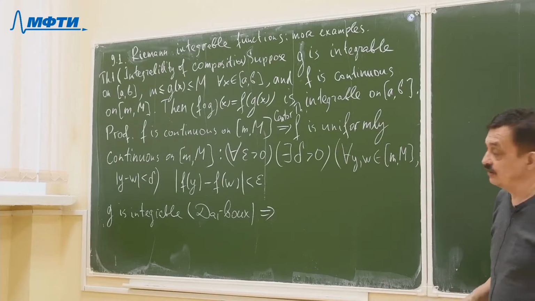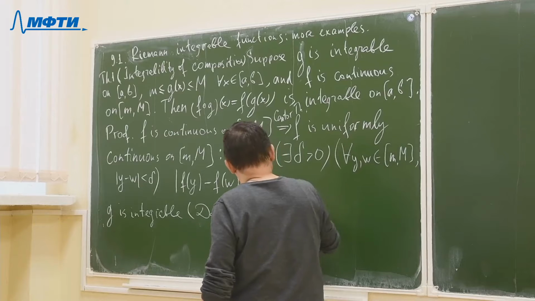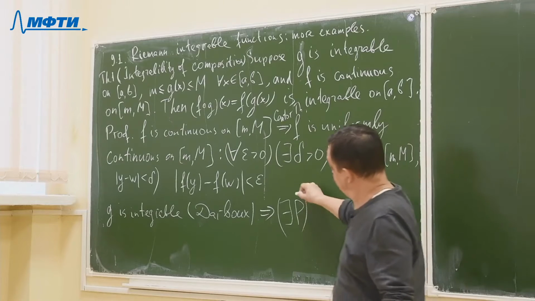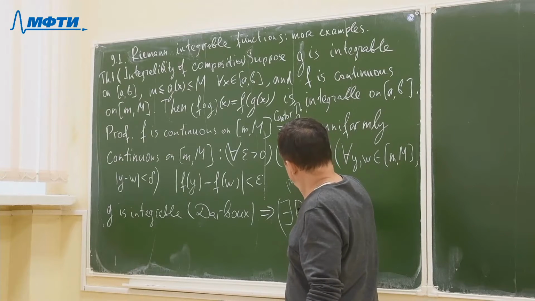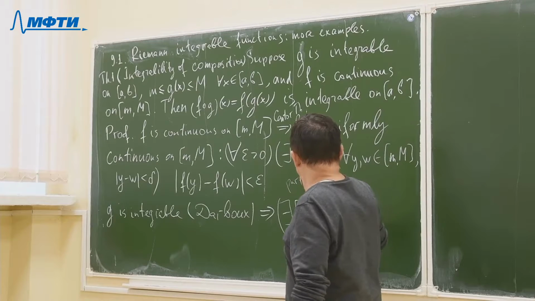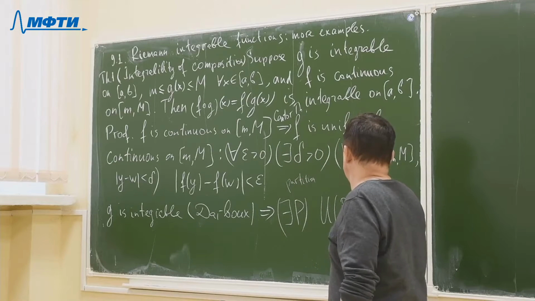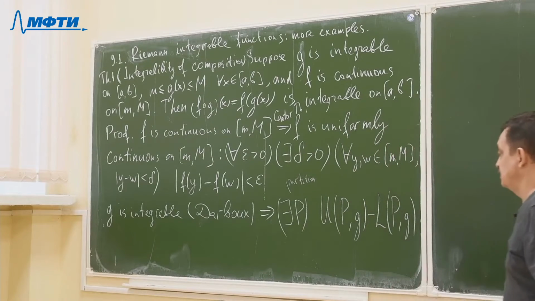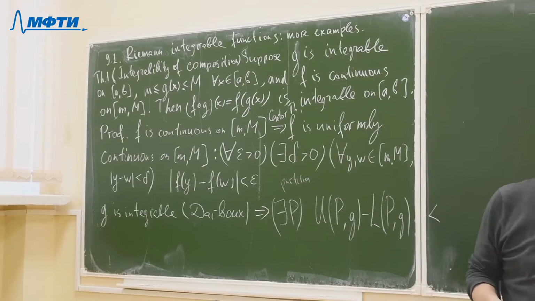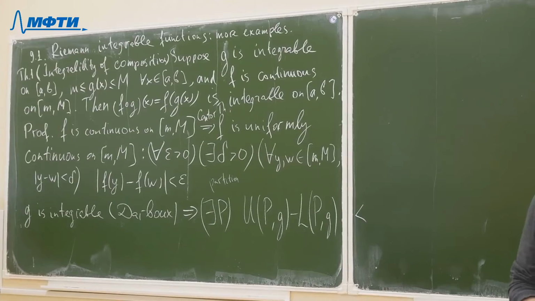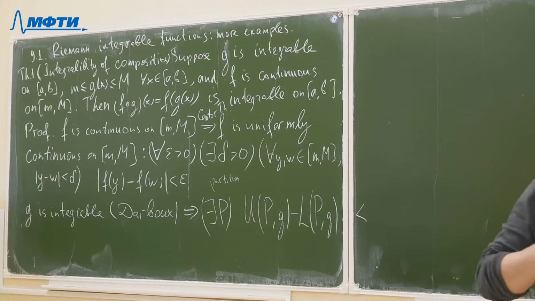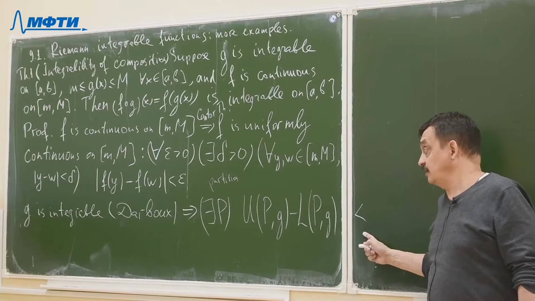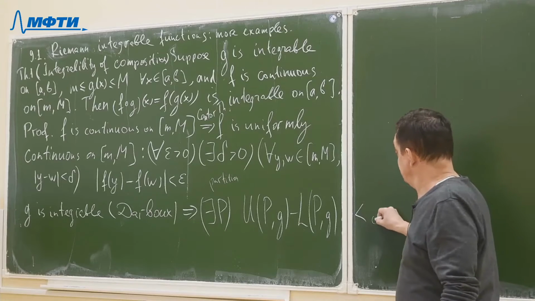Hence, there exists a partition P of the interval [a, b] such that the difference between upper and lower Darboux sums is less than an arbitrary given number, and this arbitrary given number we will choose in a rather strange way, namely, let it be less than delta squared.